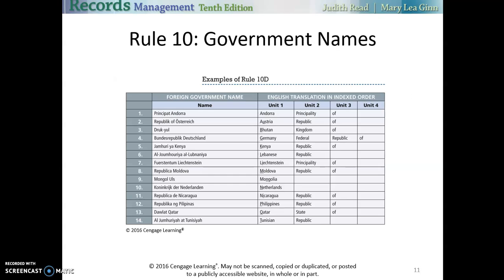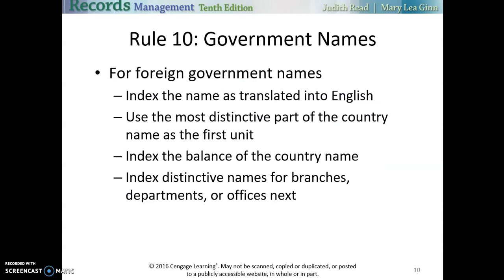All right, so for foreign government names, we use the English translation to code it and file it by that. Try to pull out the most distinctive part of the country name and use the balance as the other units. And then finally, if there are branches and departments, you would use those next.